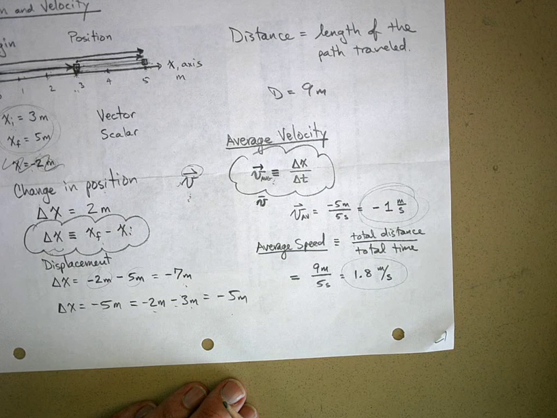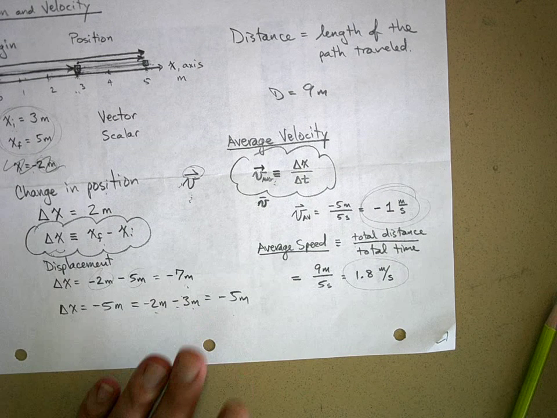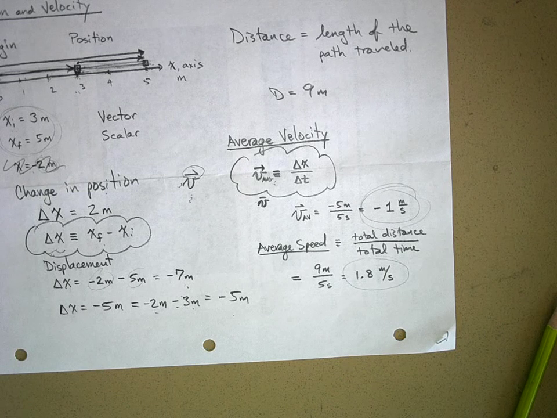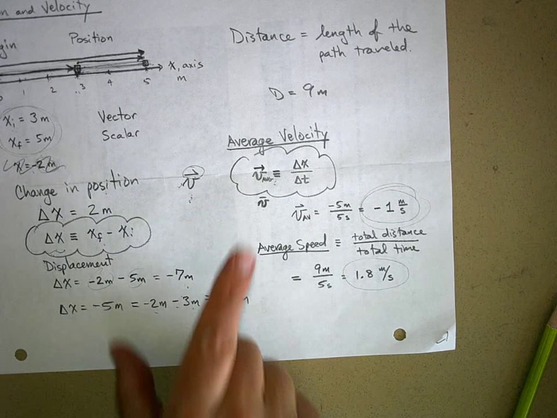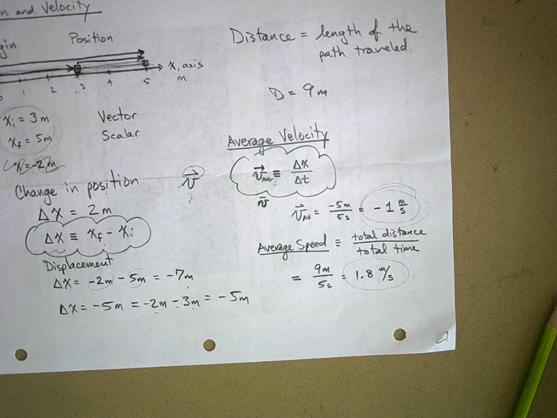Now, in the Indianapolis 500, you've all heard of that race? The finish line is also the starting line. So by these definitions, what is the average velocity of the winning car? It's 0. It has a 0 average velocity. So does it make sense to use average velocity in that context?